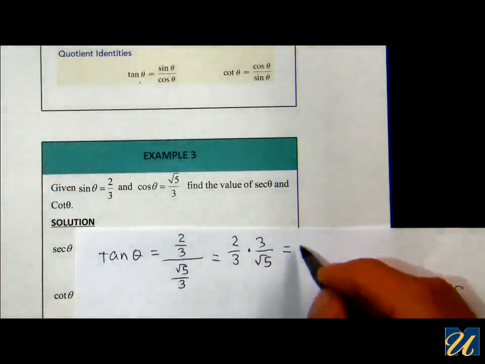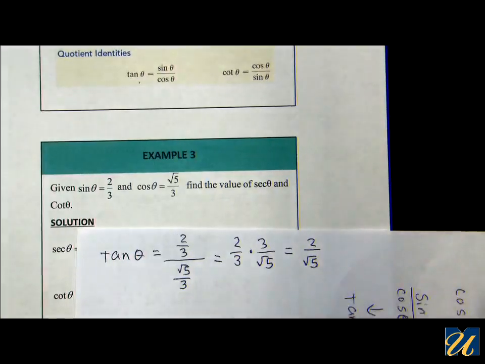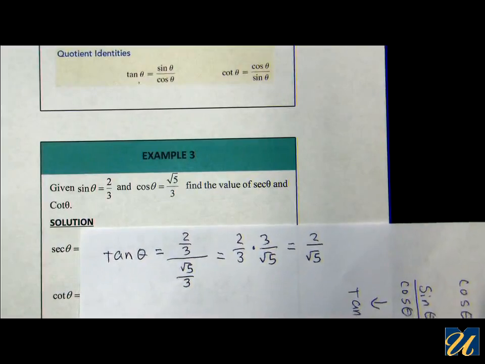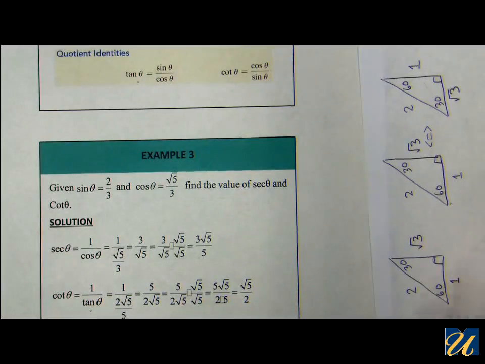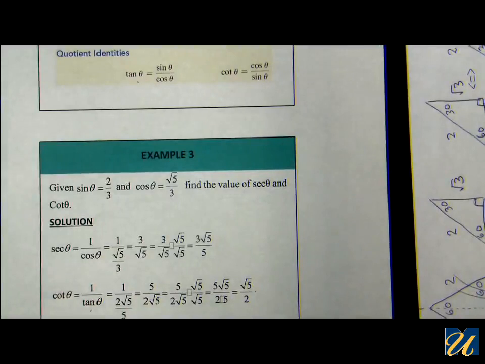So the tangent is 2 divided by root 5. That's the tangent of the angle. Therefore, the cotangent is the reciprocal, or root 5 divided by 2. So root 5 divided by 2 is right here. So it's slightly different from what is shown. There's always more than one way to get it done, but that's a good way to understand how to do that.